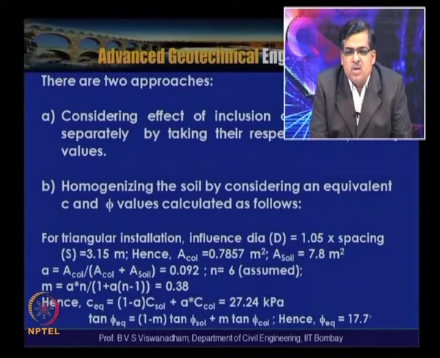So C equivalent is equal to 1 minus A into C soil plus A into C column, which gives 27.24 kilopascals. Similarly, tan phi equivalent is 1 minus m tan phi soil plus m tan phi column, so phi equivalent is 17.7 degrees. These are the resultant parameters for the zone influenced by the presence of stone columns in the slope.